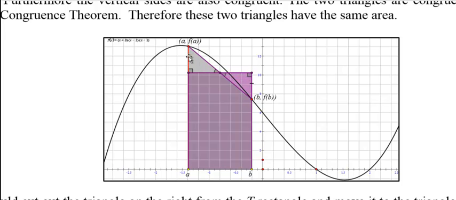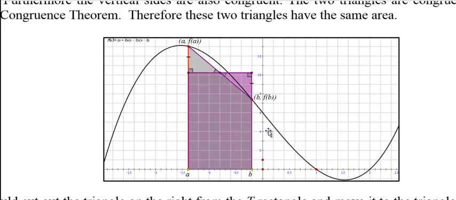Furthermore, by the way we drew it, we know that this distance from the top point down here to the top of the rectangle, and from the right point to the rectangle, those two distances are the same length. So those sides are congruent. So if you look, we have angle, angle, side of those two triangles congruent.